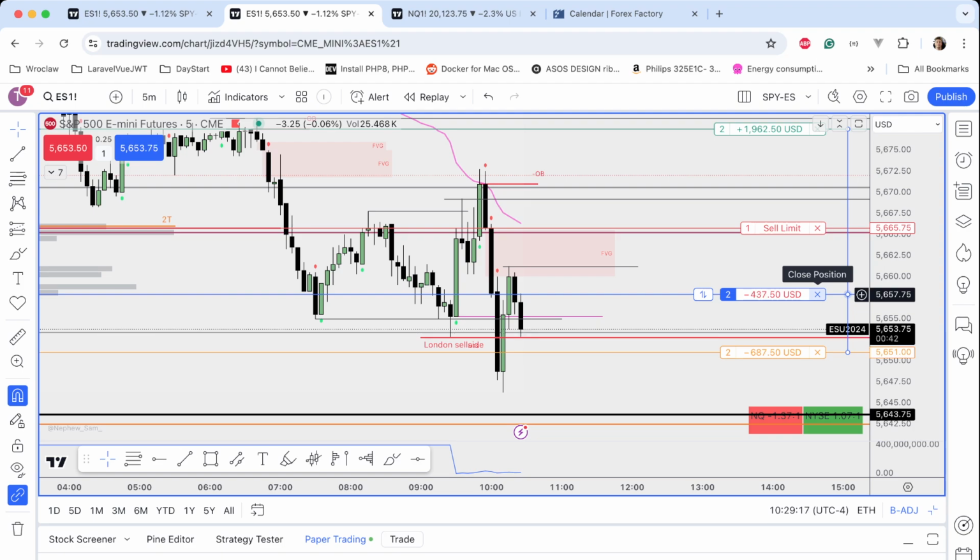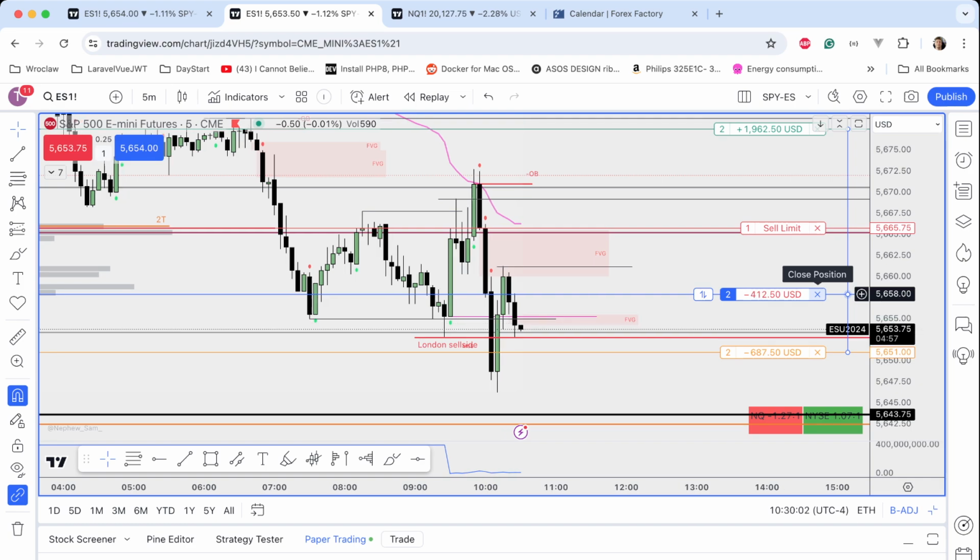It's getting weaker and weaker, but 25 seconds on this candle. Let's see. 7 seconds. What now?